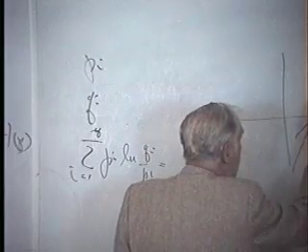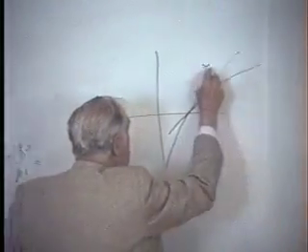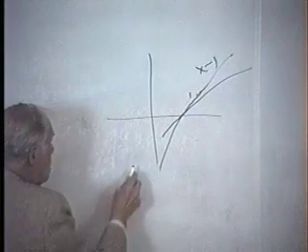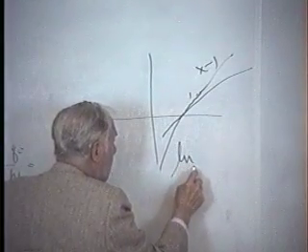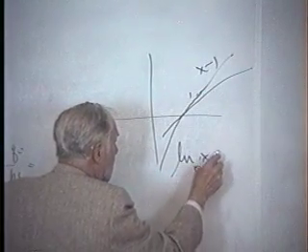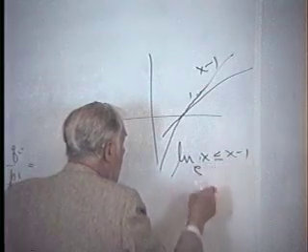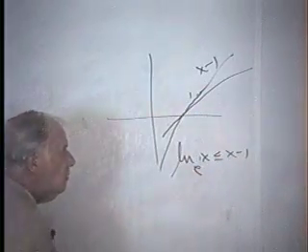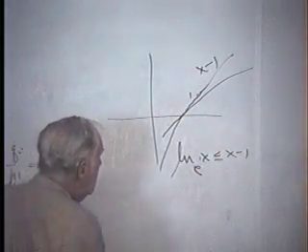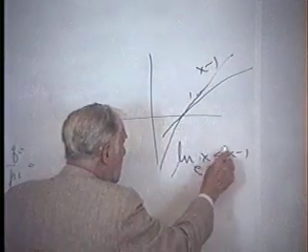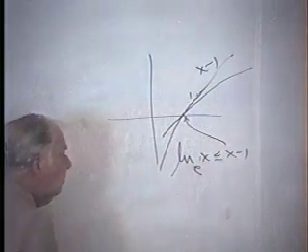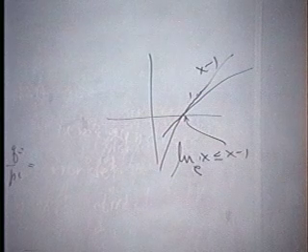has a slope 1. And this line is x minus 1. So I assert the log of x, base e, is less than or equal to x minus 1, and it's equal at the point x equals 1, sorry. At x equal 1, they're equal. So I will replace it here.